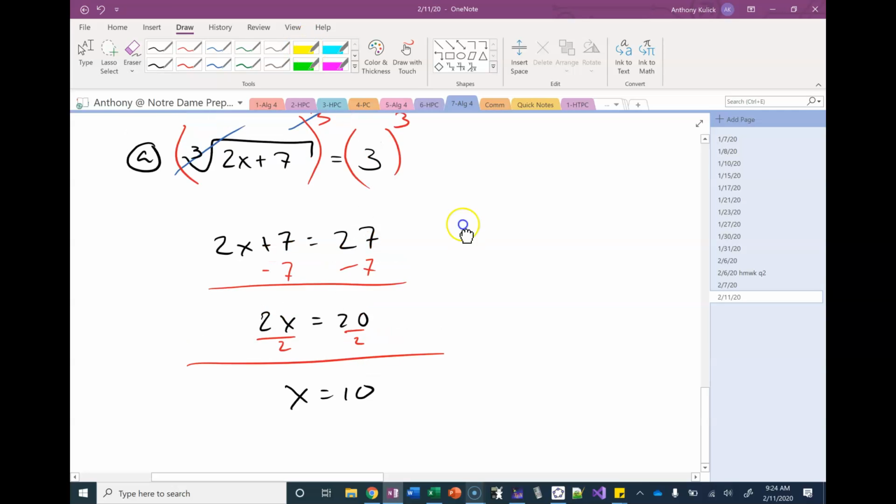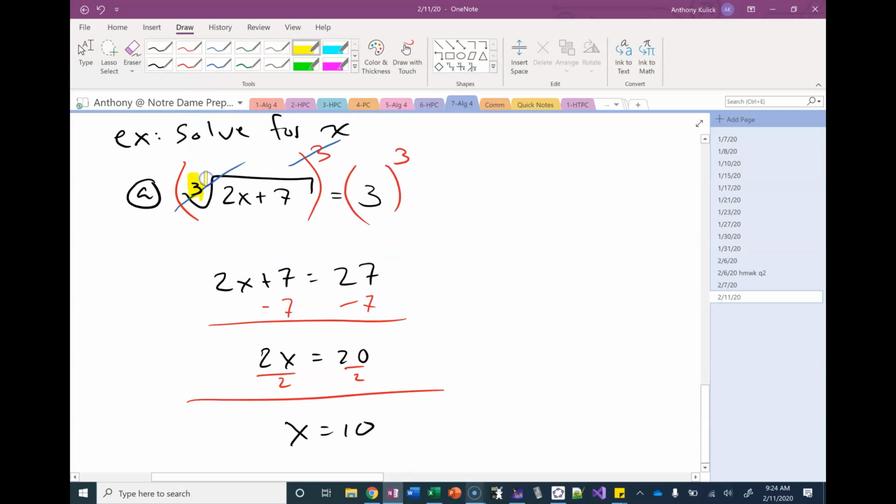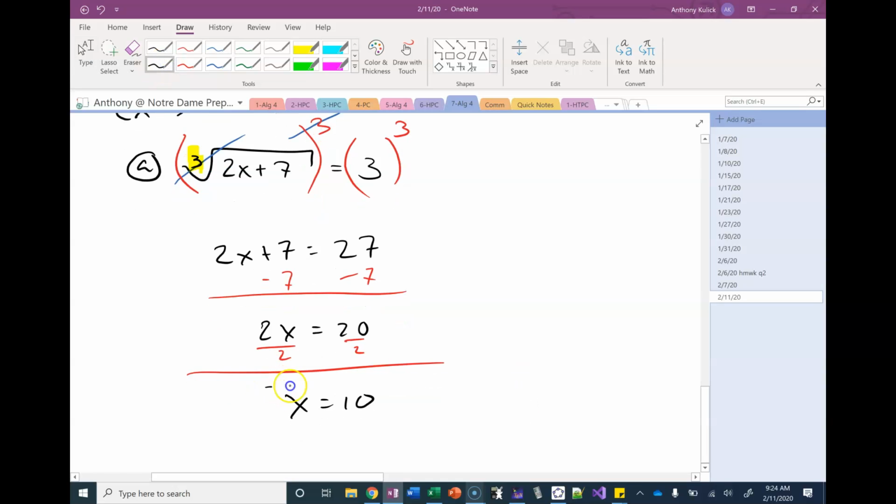If I go back and look at my original problem, this is an odd root. So no, I don't need to check it. Is there any harm in checking it? No. So if you're uncertain, you should go ahead and check them, but the odd ones we don't need to. Everybody okay there?